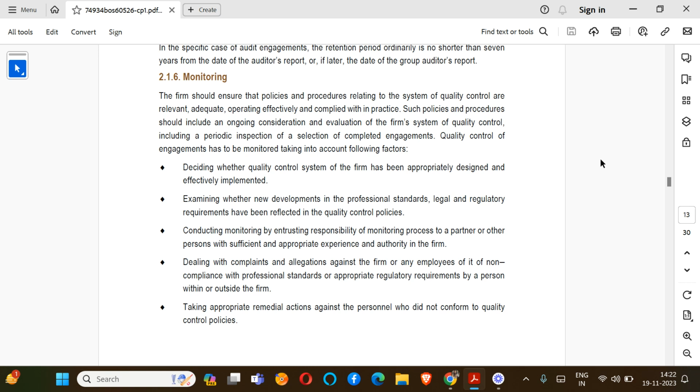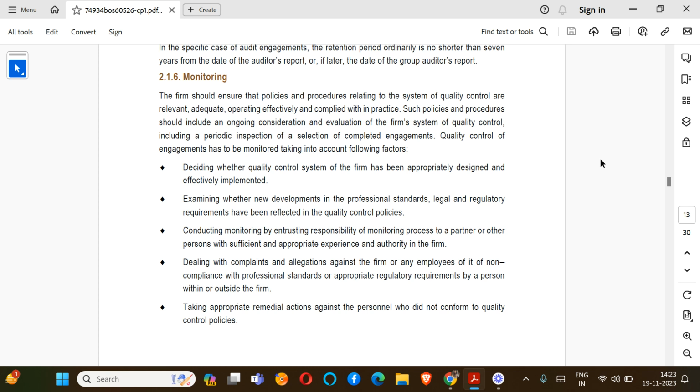Okay, so what we need to do is basically we have to decide whether जो system है quality control का हमारा firm का वो develop जो हुआ था, वो design जो हुआ था, वो appropriate design हुआ था और implement effectively हुआ है या नहीं, ये देखना है.